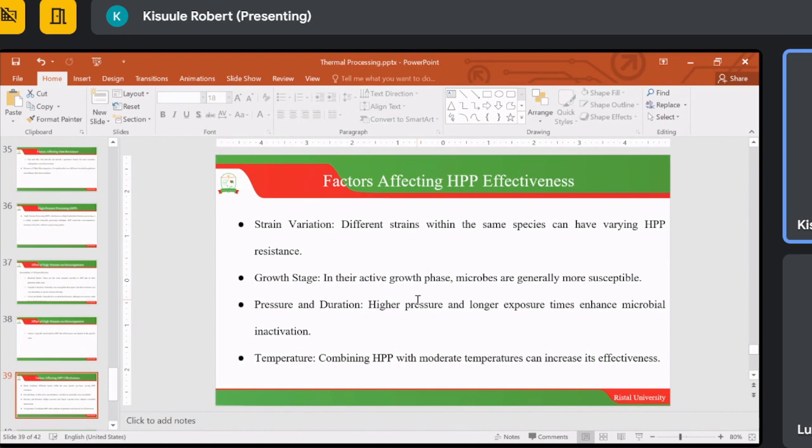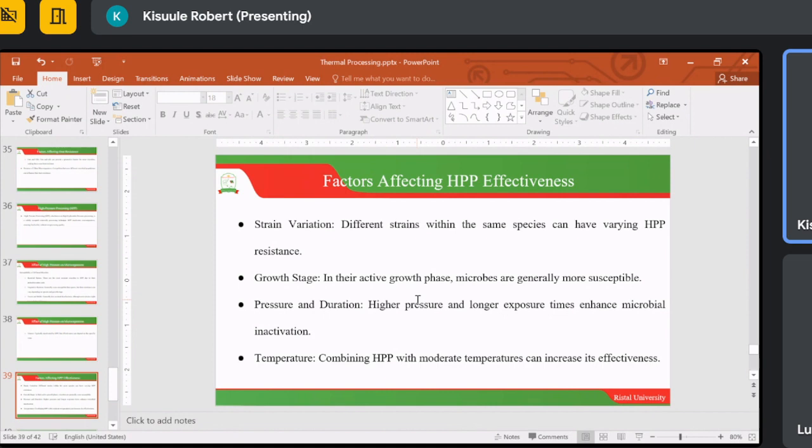But if you reduce the amount of pressure and also reduce the time of exposure, then you will not achieve the maximum results. That is pressure and duration. For temperature, combining high pressure processing with moderate temperatures will increase its effectiveness. So it's not a standalone method.